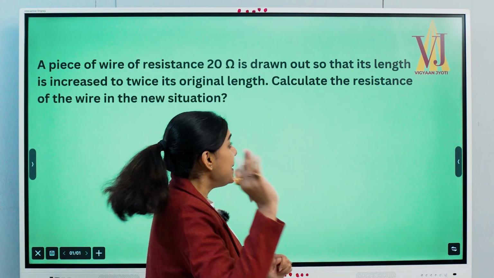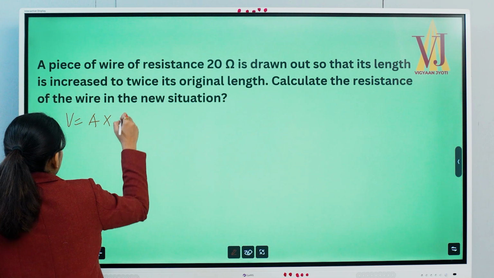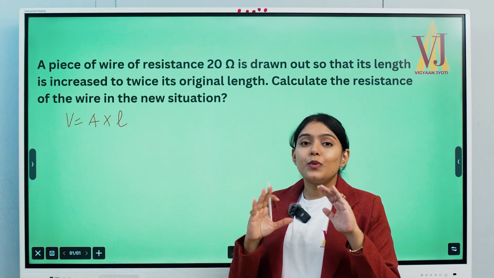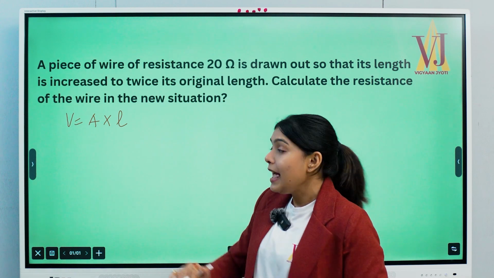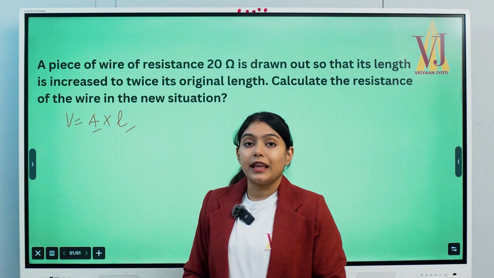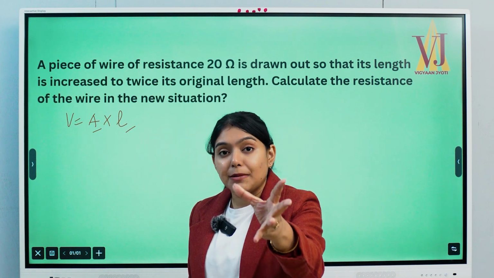Yes, definitely, because volume is three-dimensional. It is the product of area into length, or area into height, or area into breadth. In resistance we have A and also L. That means I have given you a fixed amount of volume.